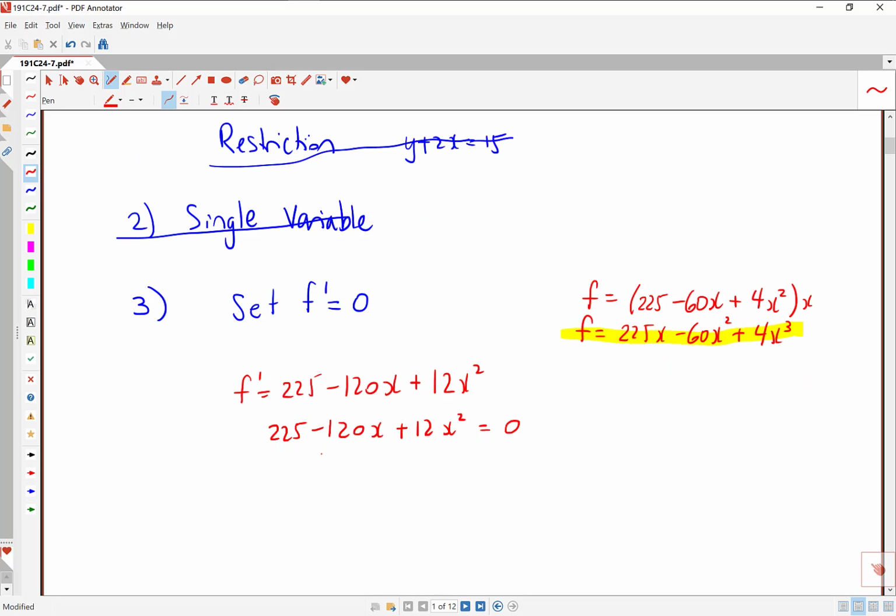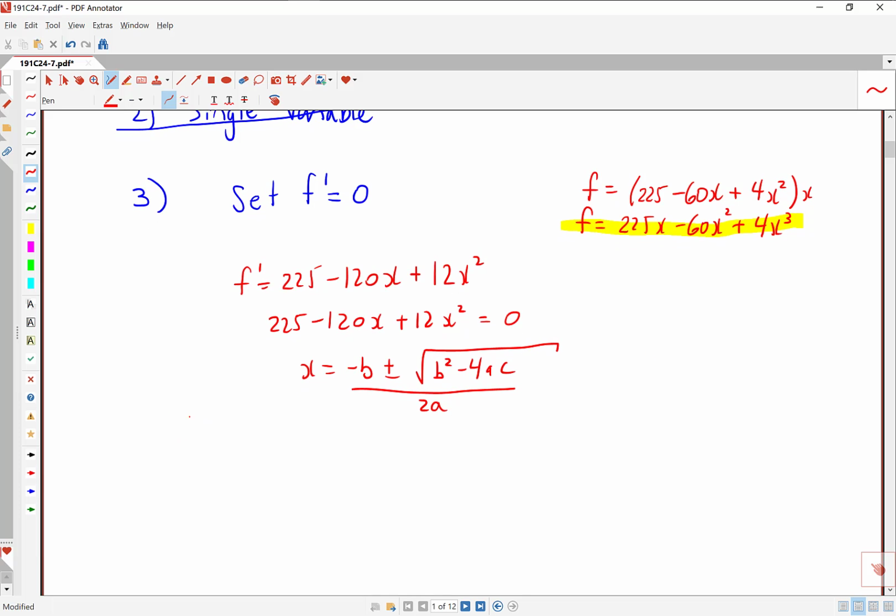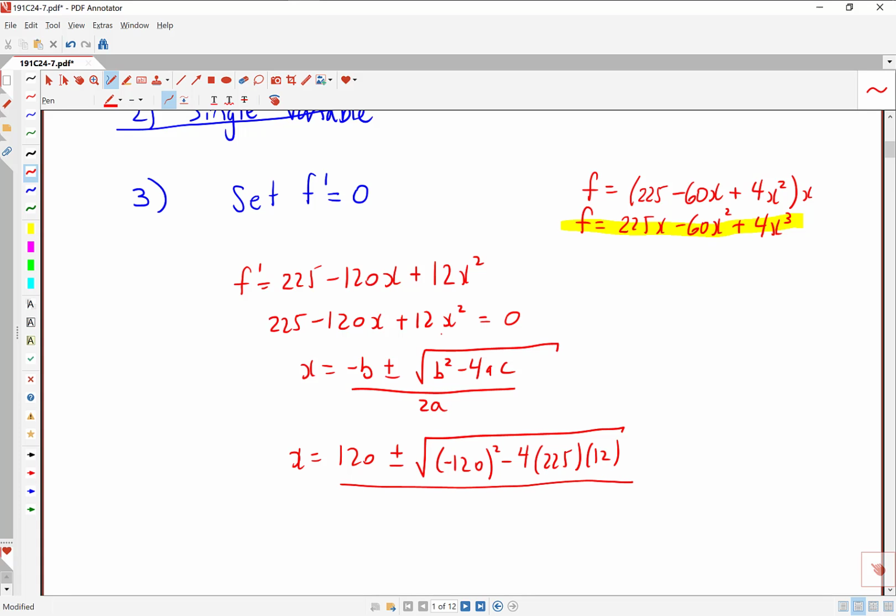Okay, so this is a nice time to try out our quadratic formula. So x equals negative b plus or minus square root of b squared minus 4ac all over 2a. And it looks like we're going to get a couple different x values, and then we'll just investigate those. So changing the sign of the x coefficient, we get 120, and then we're going to go plus or minus the square root of negative 120 squared minus 4 times 225 times 12, all under the root, and then divided by 2 times our x squared coefficient.